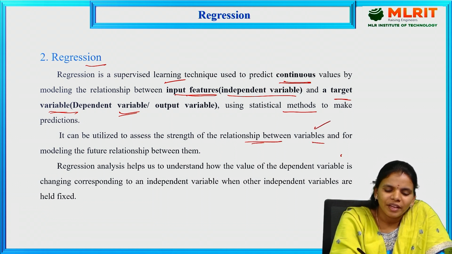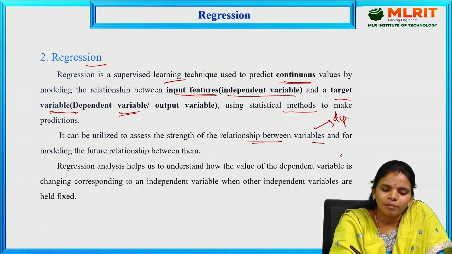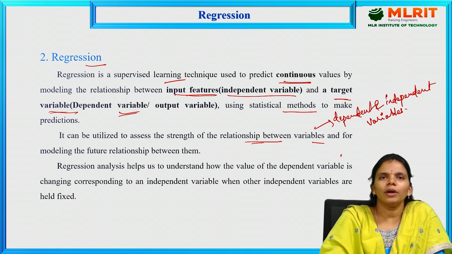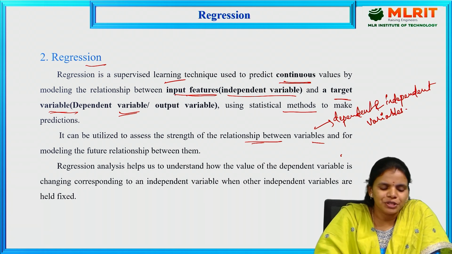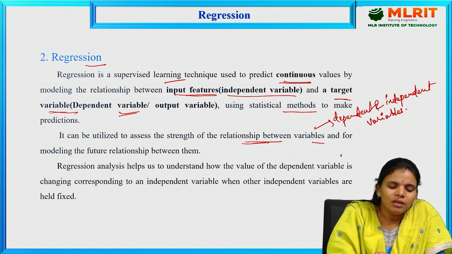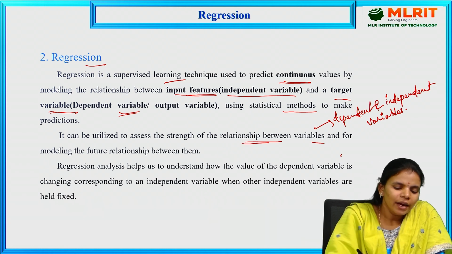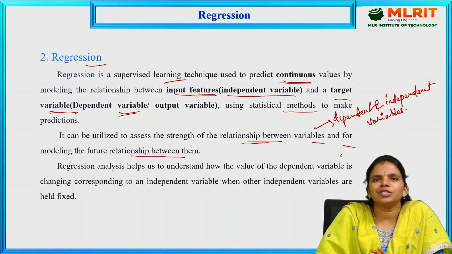So what are the variables here? Dependent and independent variables. This regression can be utilized to assess the strength of the relationship between your dependent variables and independent variables, and for modeling the future relationship between them.